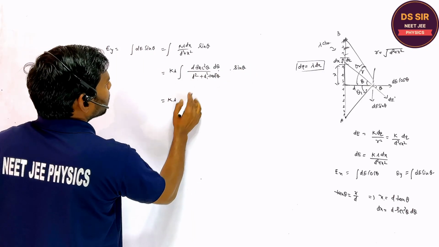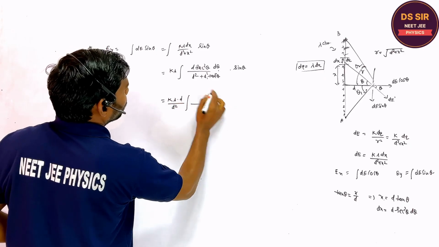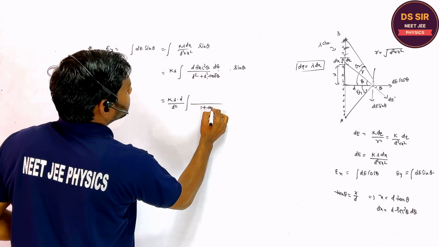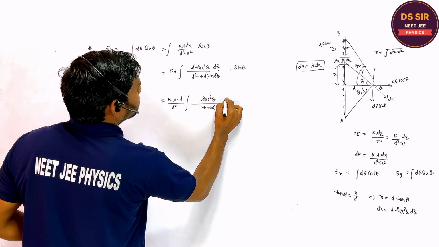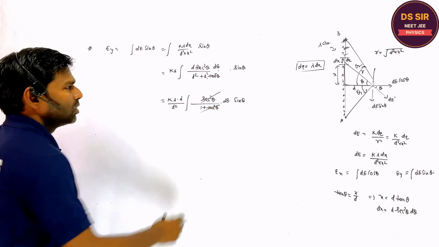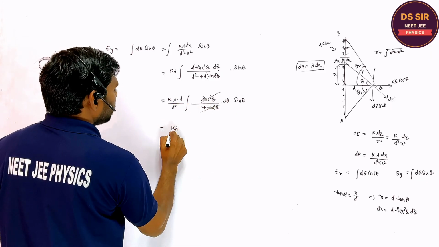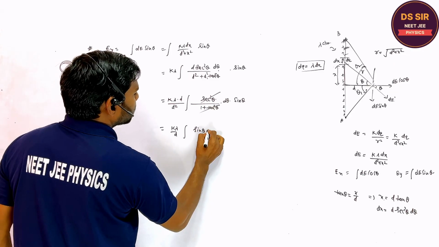So similarly, we are going to calculate. If you take d common, the denominator is d square, 1 plus tan square theta, and this is sec square theta, right? This is the d theta into sin theta. It is cancelled out. So here, k lambda upon d, sin theta d theta, right?